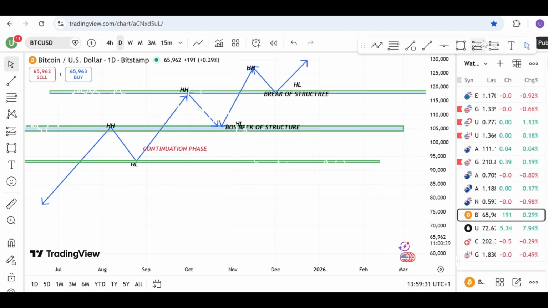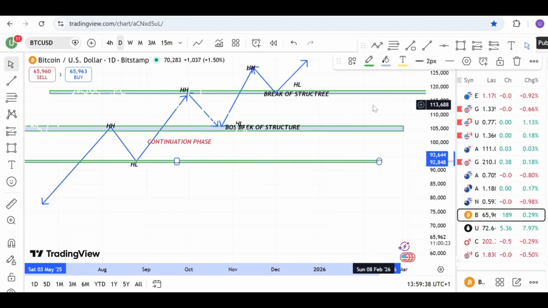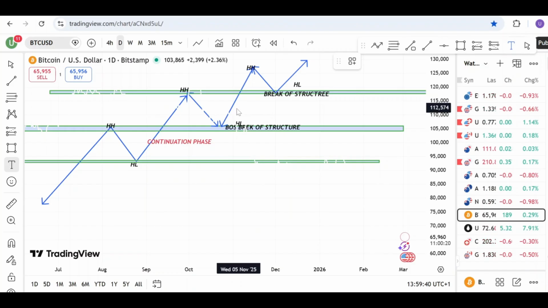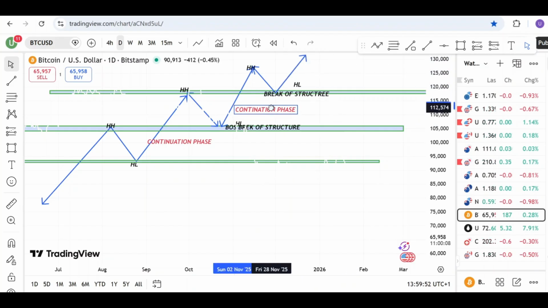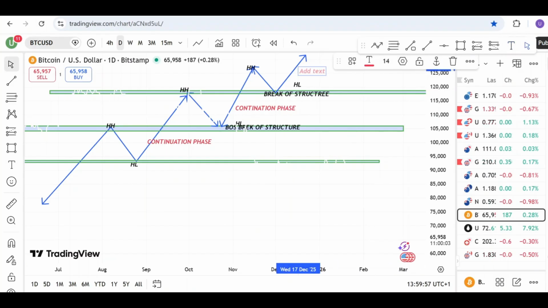This is continuation phase. This is pullback phase. This is continuation phase again.